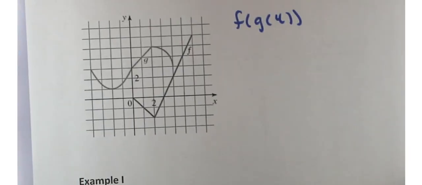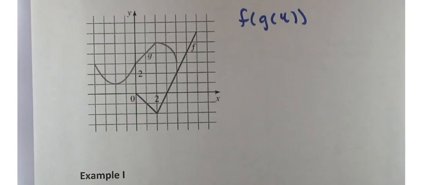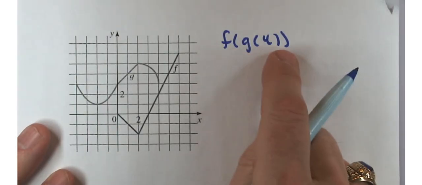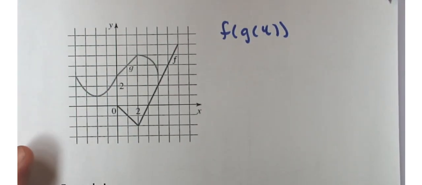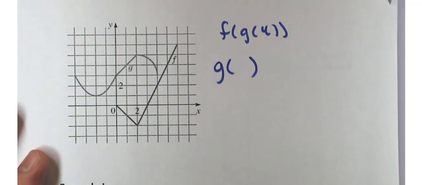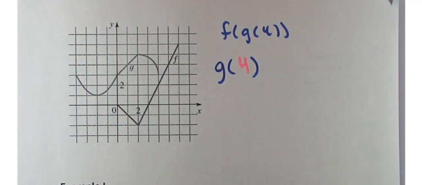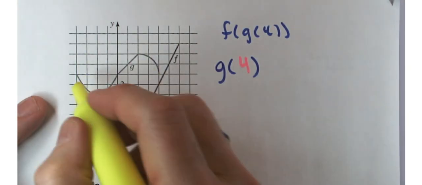So in example H here, they're asking you to find f of g of 4. So we're going to start out trying to find g of 4 first. We're going to look at the function for g. That's this one right here.